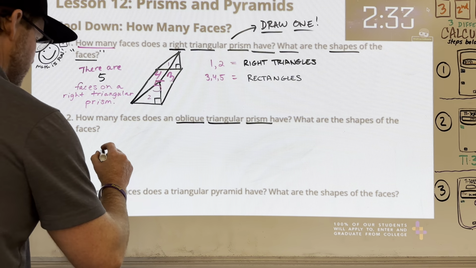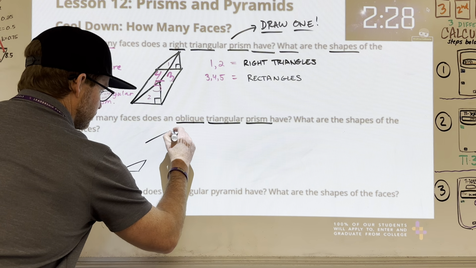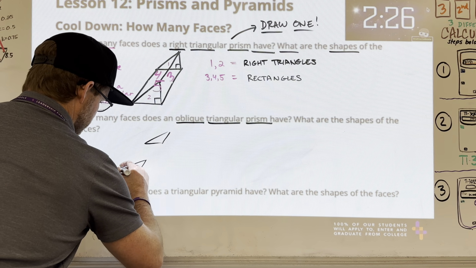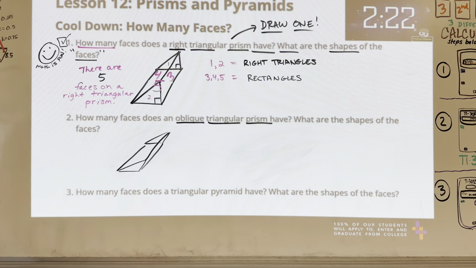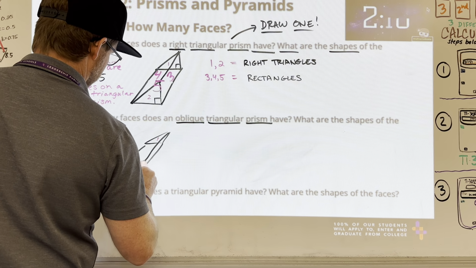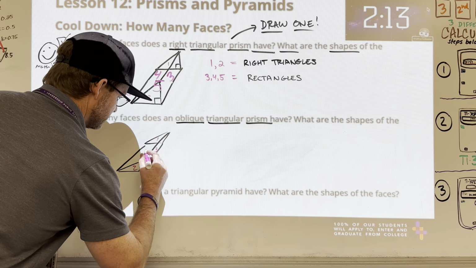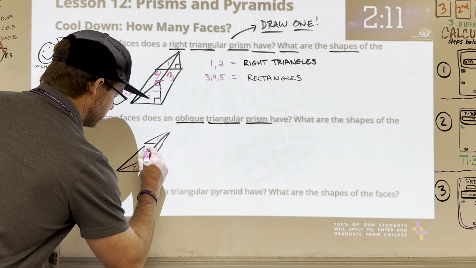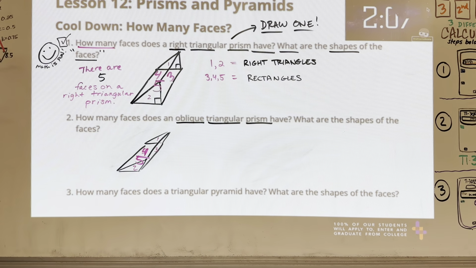Well, let's find out. You still have 2 triangles, right? That's a rectangle, and then another one on the bottom. So, how many faces? 5.